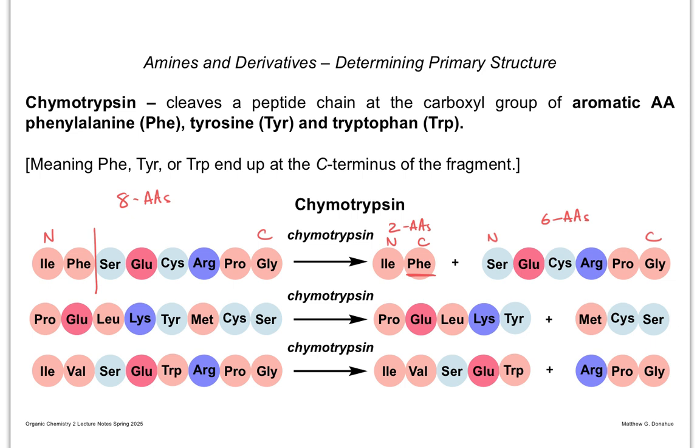The next example, as we scanned through, we see we have tyrosine, so it's going to clip there. We end up with a 5 amino acid chain, tyrosine at the C terminal, then a 3 amino acid chain.